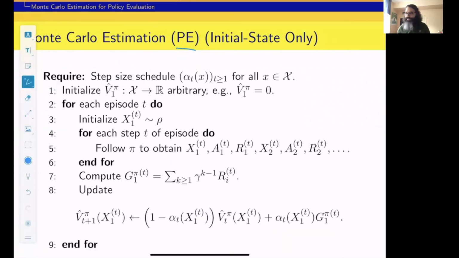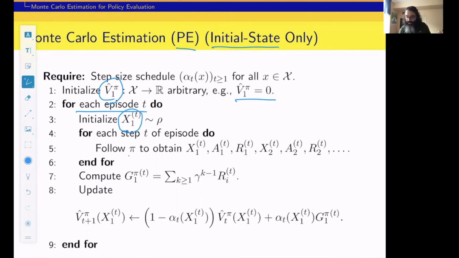And this variant is sometimes called initial state only. You will see why. So, how does it start? We start from some value function v hat of pi, set it arbitrarily, like equal to 0. And then for each episode t, we initialize the initial state x1 according to some distribution, like randomly choosing one state.